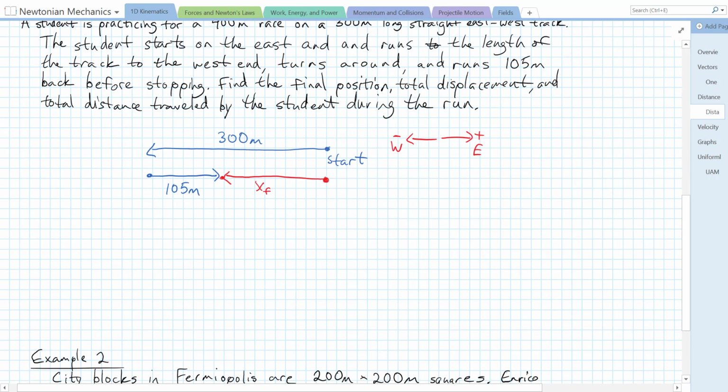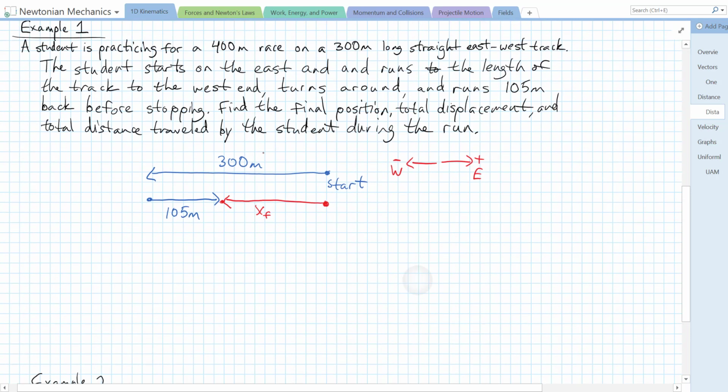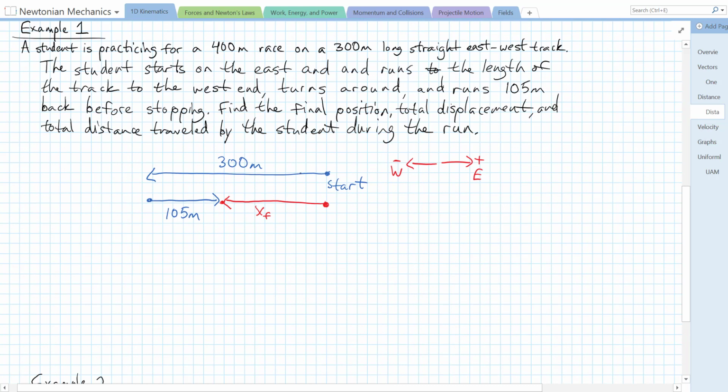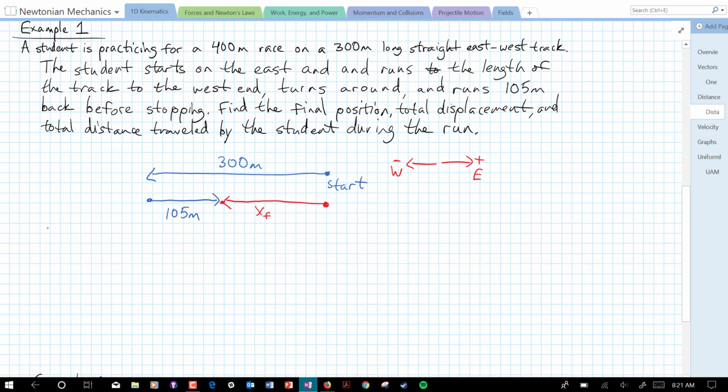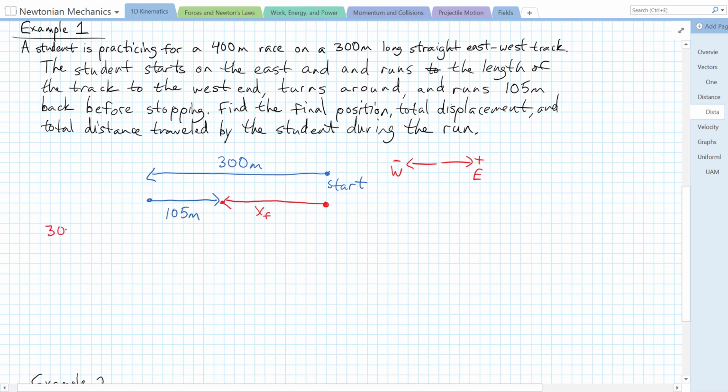We can just use subtraction to solve for that. The total distance is 300 meters, but we came 105 meters back. So we do 300 meters minus 105 meters equals 195 meters. And I'm going to do a solutions box over on the right side.